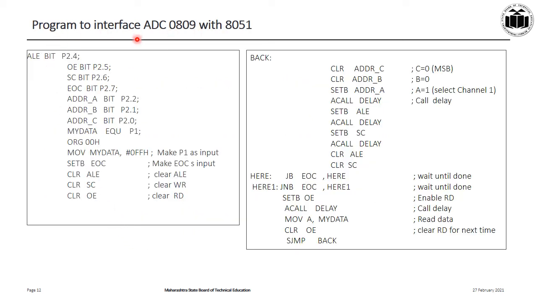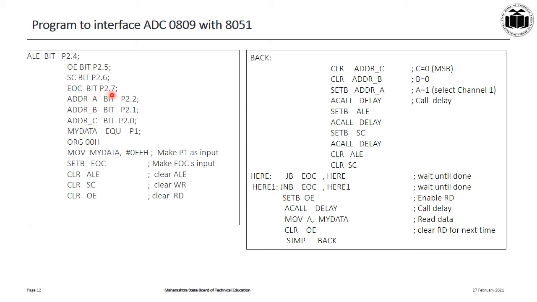This is the program for interfacing of ADC with 8051. These steps are initializing steps. So output enable pin is OE, which is connected to 2.5. Start of conversion is connected on pin 2.6.